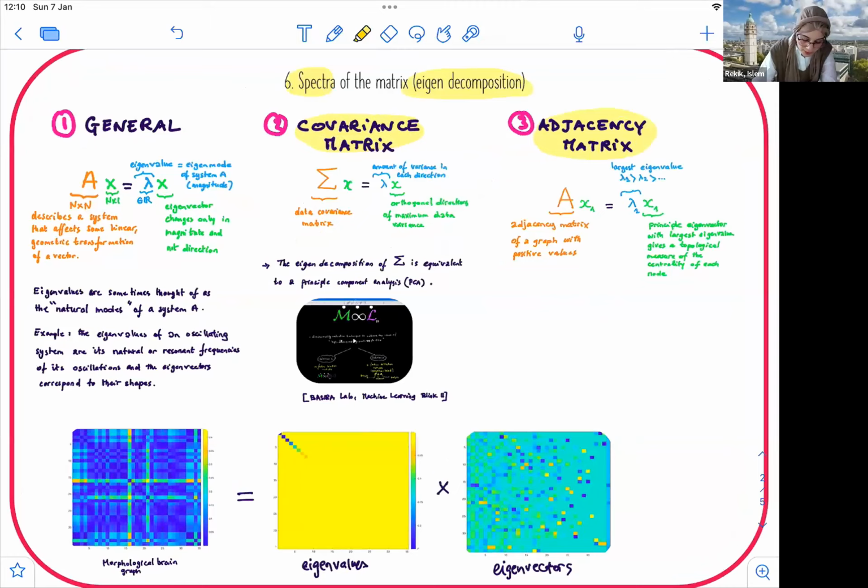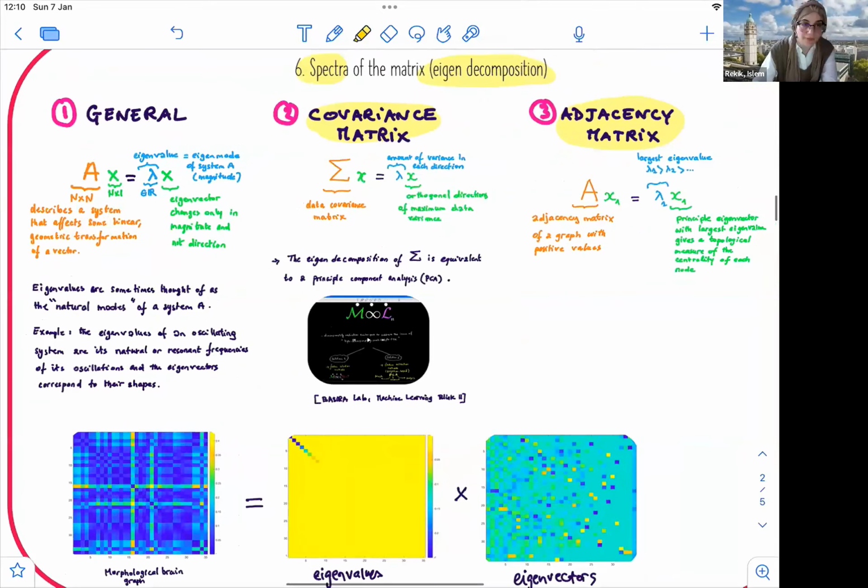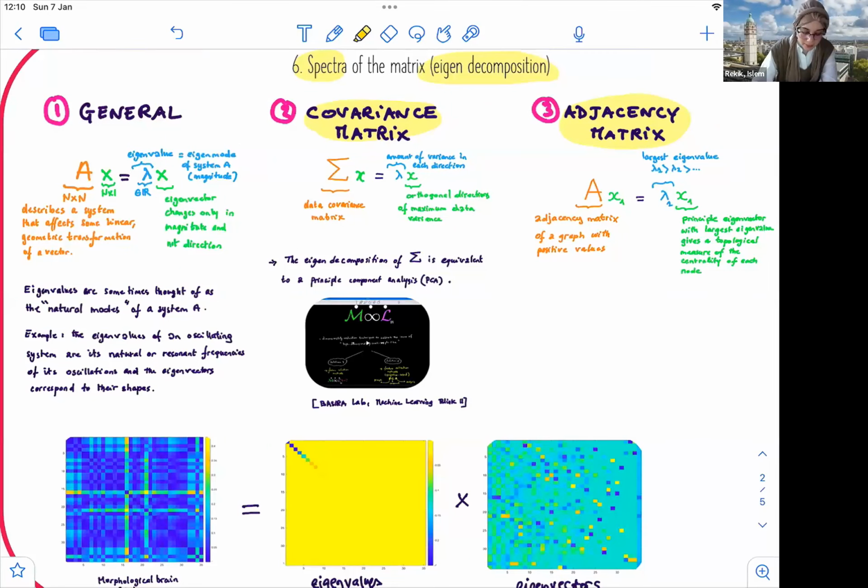So let's start first with the simple definition of an eigen decomposition. Here we have a matrix A. Our A is an n by n matrix. It describes a system that affects some linear geometric transformation of a vector, right? So we want to affect the x through this multiplication.